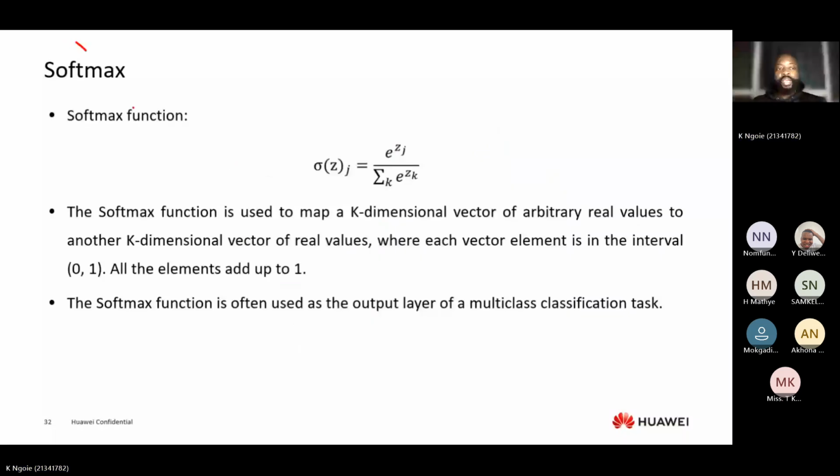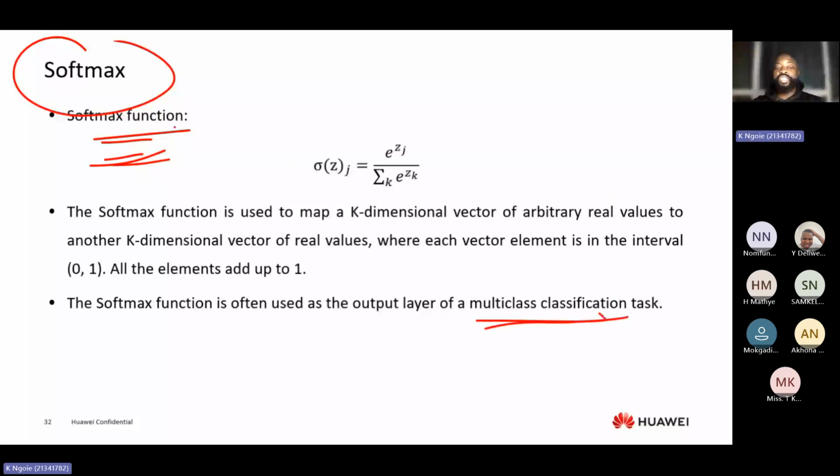And another activation will be the softmax function. This is the most used activation function when it comes to classification problems. When you're dealing with a multi-class classification task, you use a softmax function.